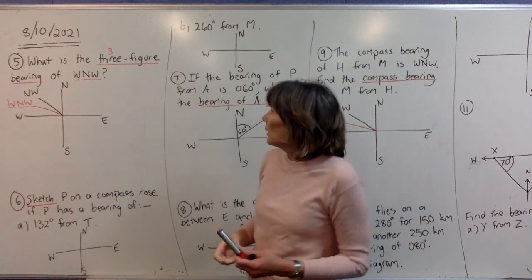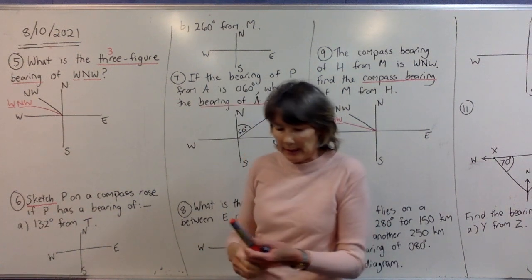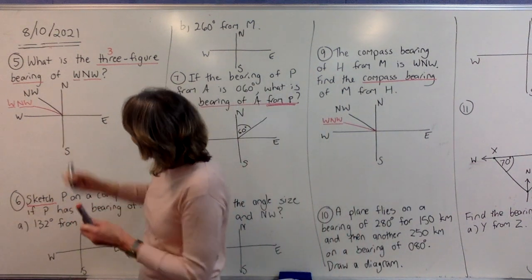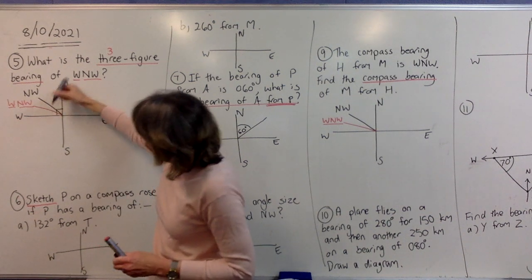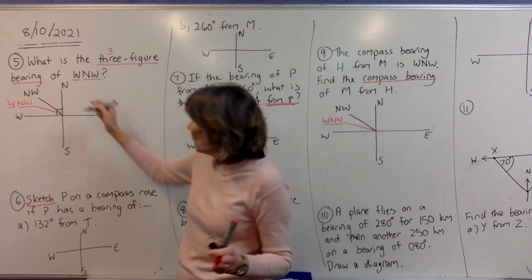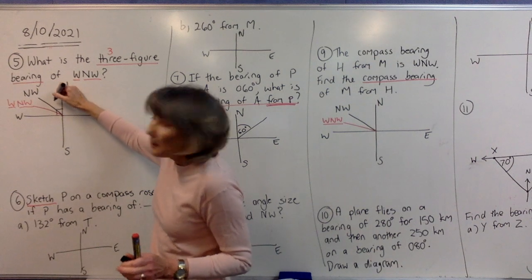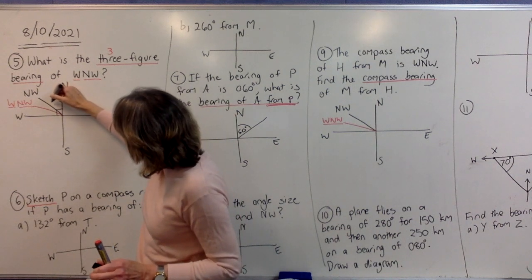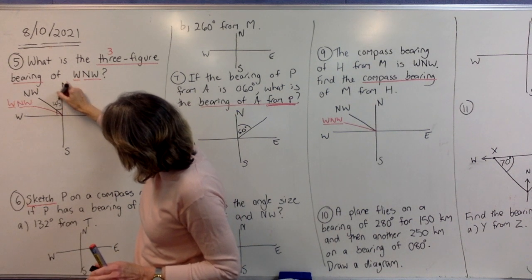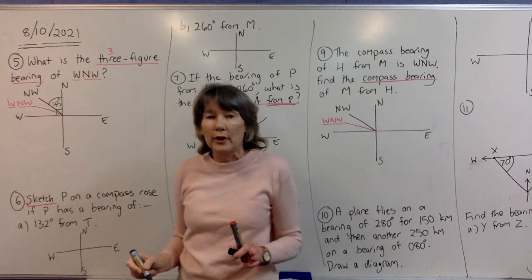Okay, now if we look at our angles that we have here, we know that this right angle between north and west is split into halves when we create the northwest bearing. So we're going to make a 45-degree angle here. That would be half of 90.